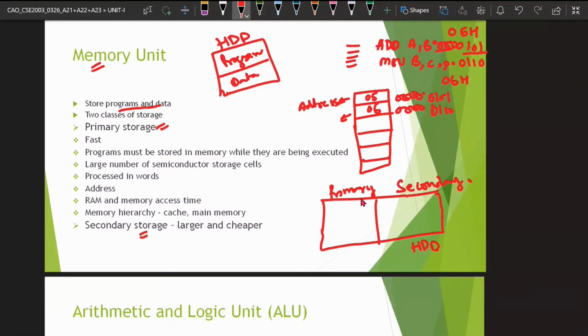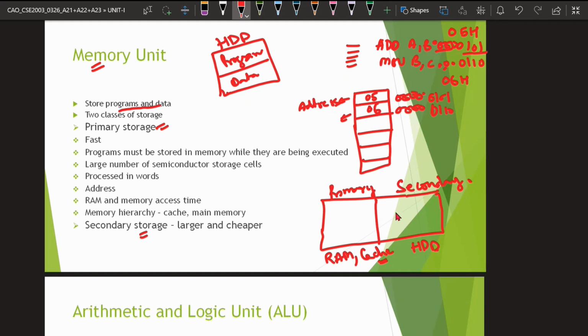Okay, the primary memory, what is it? It is RAM, or cache memory. These are the primary memories. So what happens? Suppose a microprocessor wants to execute a particular instruction, and that instruction is stored in the HDD, that is the hard disk, which is secondary.